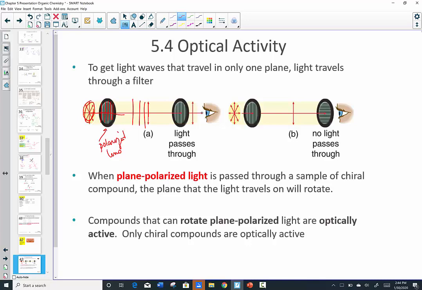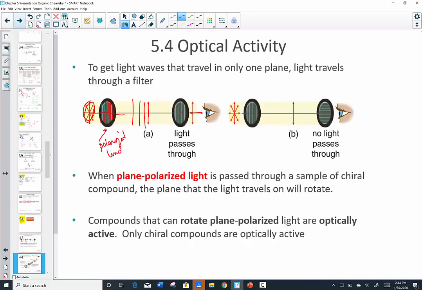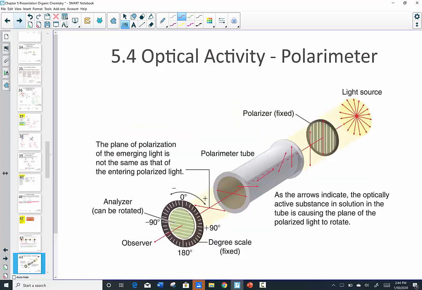Looking through a polarimeter, you would only see the lines as going vertical. That's like a diffraction grating. However, if we place a sample of a chiral molecule before your vision, you'll notice that it rotates light.